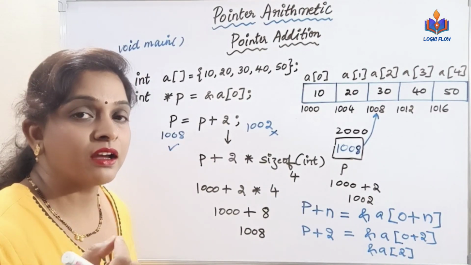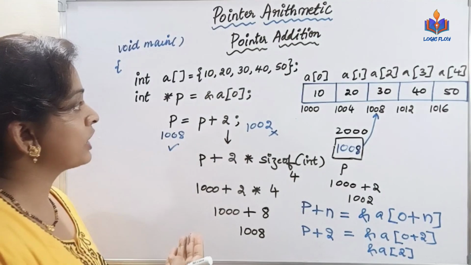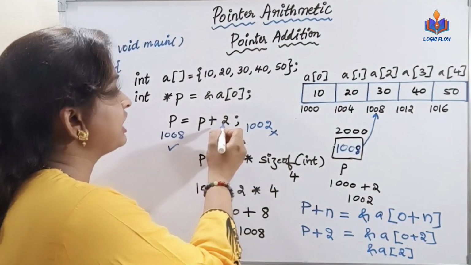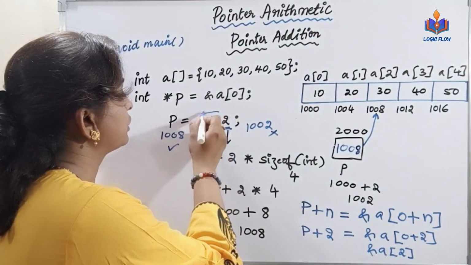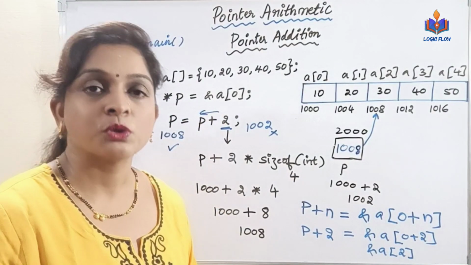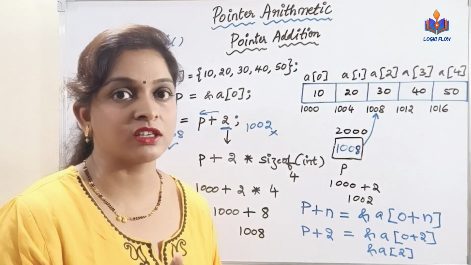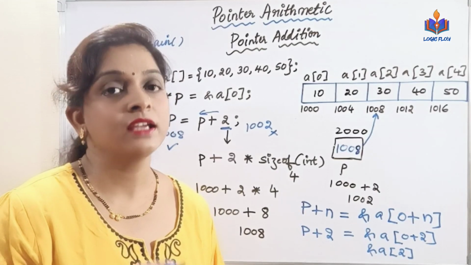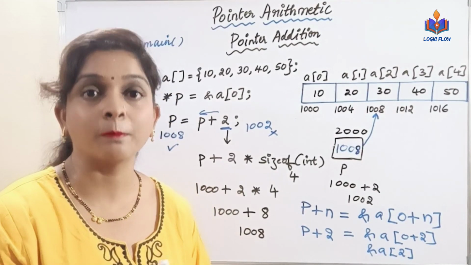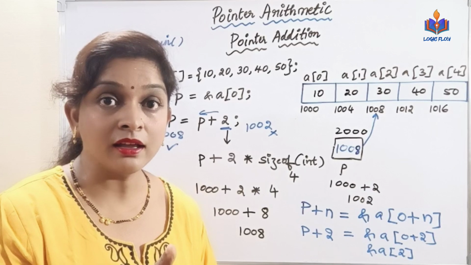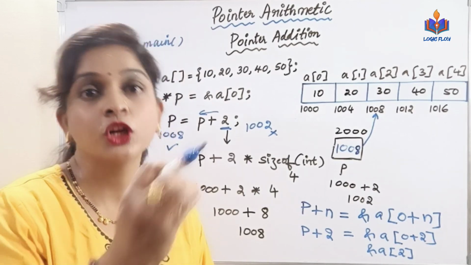So now we are doing this with an integer pointer, how an integer value is added to the pointer. So the first operation that we have learnt is we can perform the addition operation on pointers. Means to say we can add a value to a pointer.